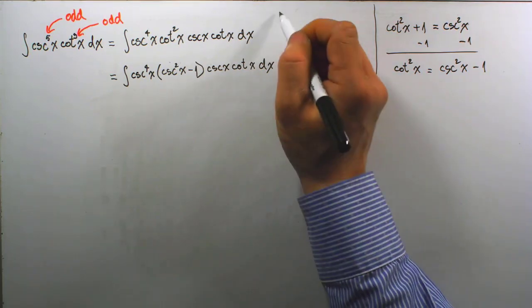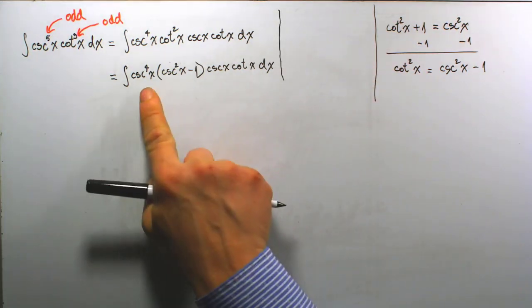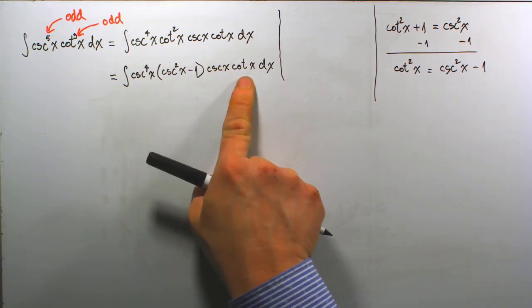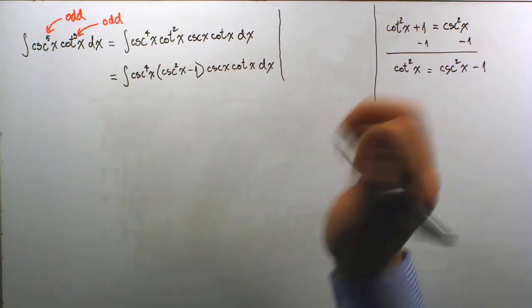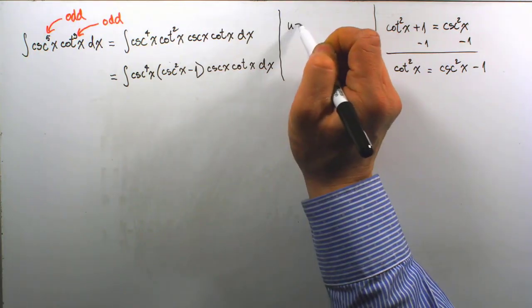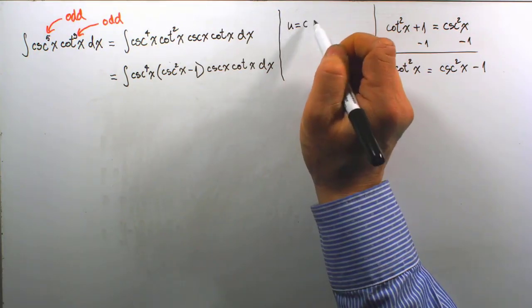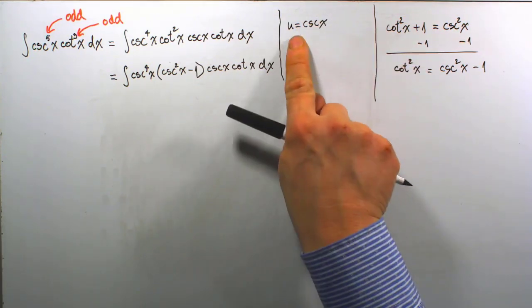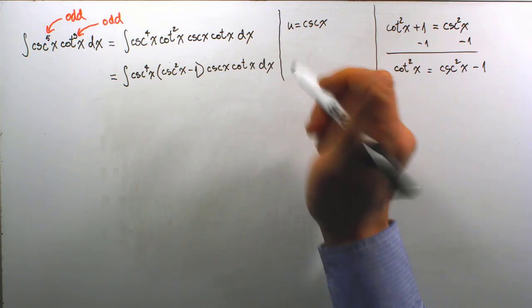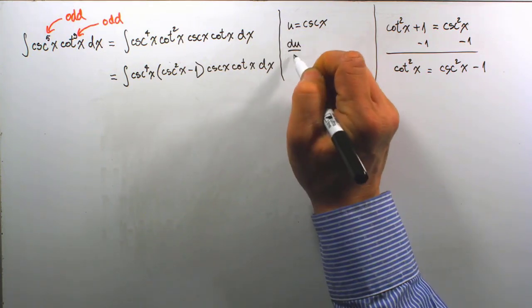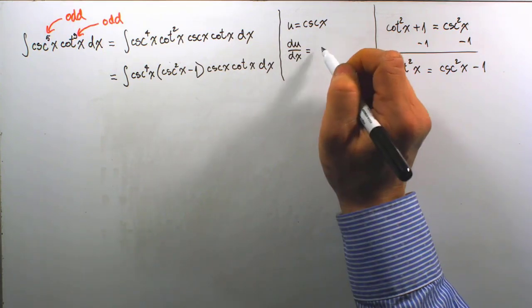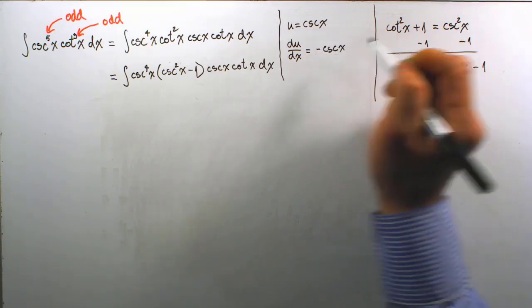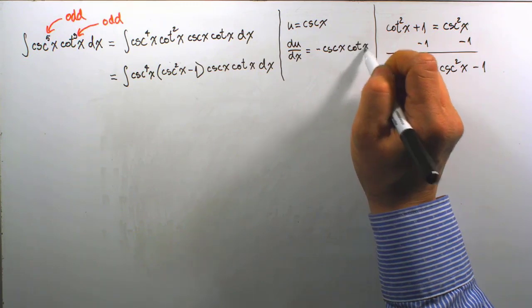At this point, I can see that I have a lot of cosecants, and it looks like this cotangent is related to the derivative of cosecant. So I can make a u substitution, where my choice is u equals cosecant of x. Consequently, du dx comes out as minus cosecant x times cotangent of x.